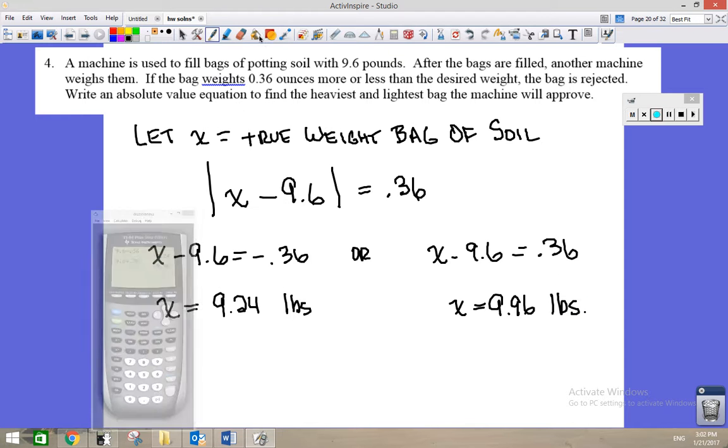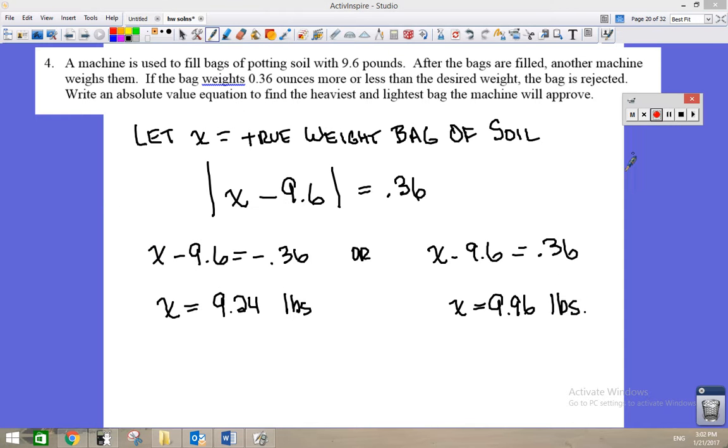All right. So yeah, the heaviest. It's not yet, but soon the wording will be such that this won't be an equal statement. It'll be an inequality, a less than or a greater than or equal to.